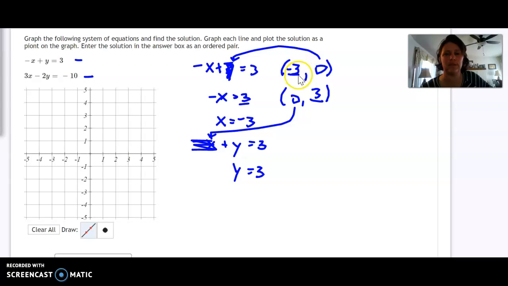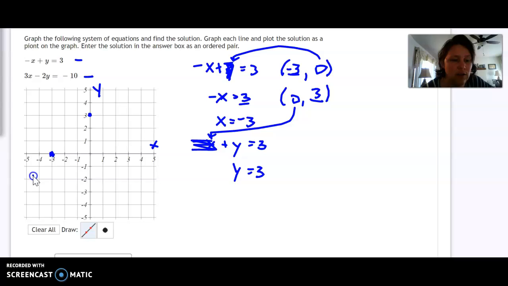Now all we have to do is go ahead and graph both of these. So negative 3, 0. That is negative 3 in the x column. So making sure we get the right axis, we're going to put negative 3 on the x-axis. And then we are going to put positive 3 on the y-axis.